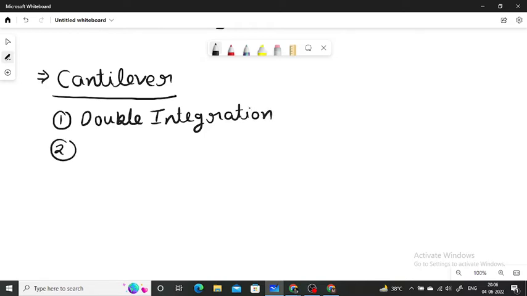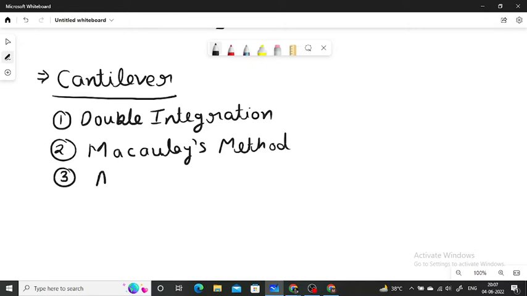Second method is Macaulay's method. And the third method is area moment area method.